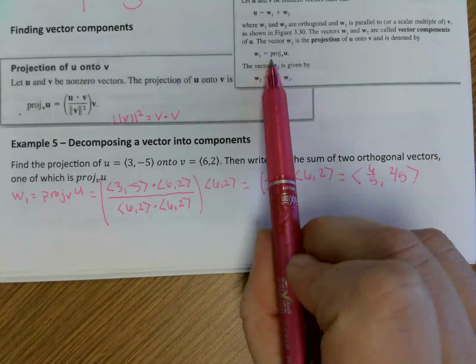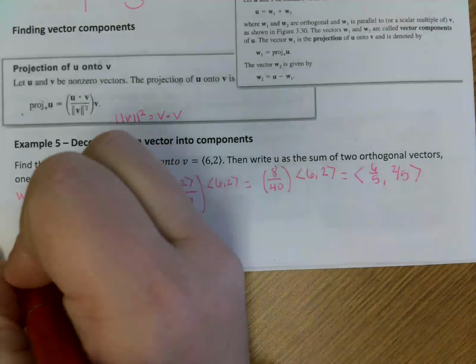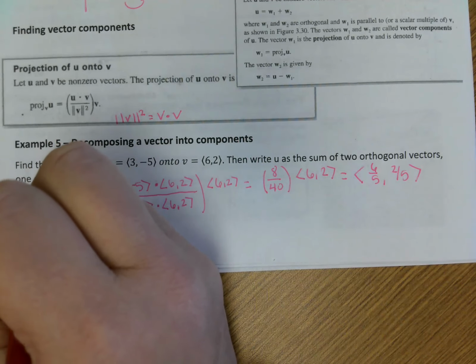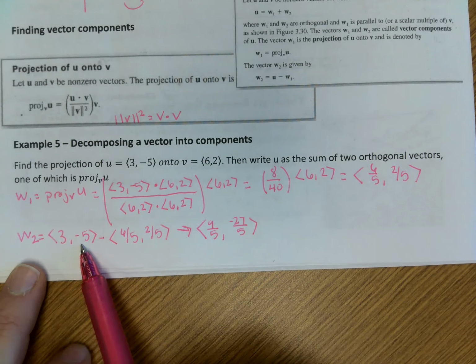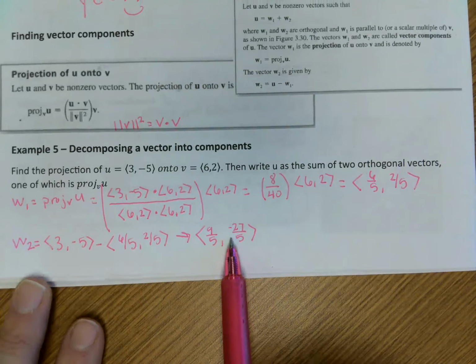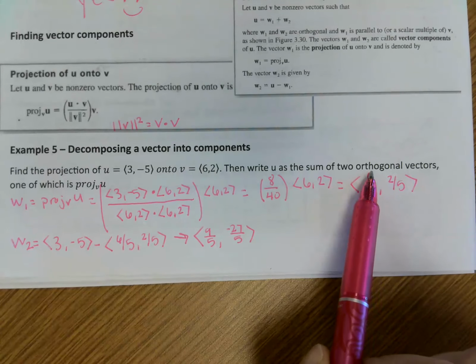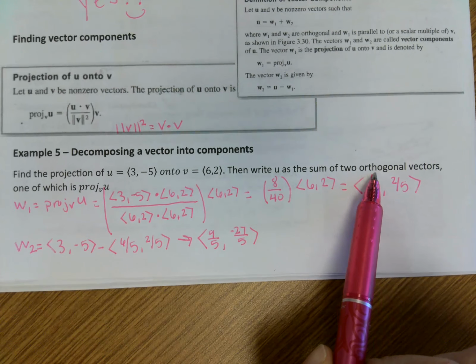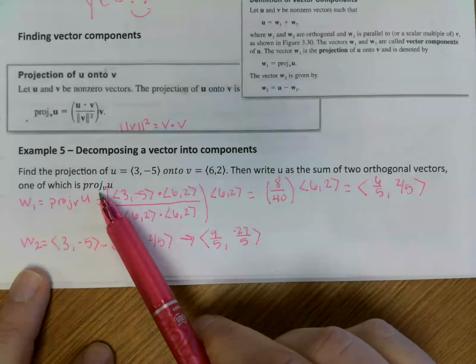Now the next thing we need here is our W2. When you're looking for our W2, that reminds me of taxes. So we have our vector u, subtract our vector w sub 1. So that's taking our u, subtract our w1, so now this is our w sub 2. Now then it's saying write u as a sum of two perpendicular orthogonal vectors, one of which is the projection of u onto v.